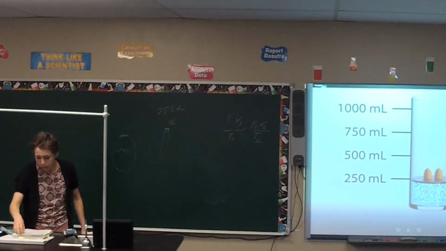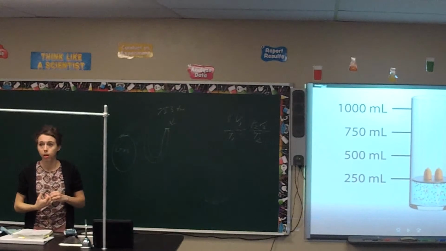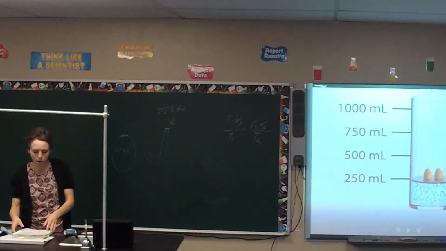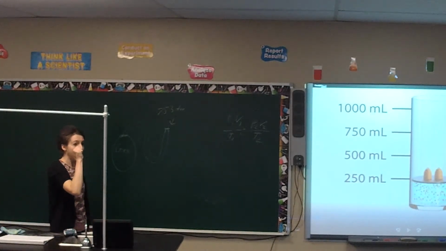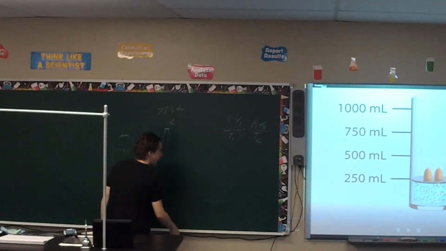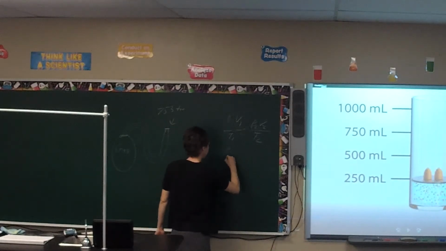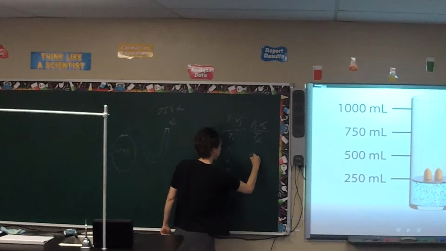So the main thing for this one is you have to make sure that you keep your units matching up. You have to make a note of what is my P1, what is my P2, what is my temperature. In a lot of cases I'll have students write off on the side P1, V1, T1, P2, V2, T2, in order.